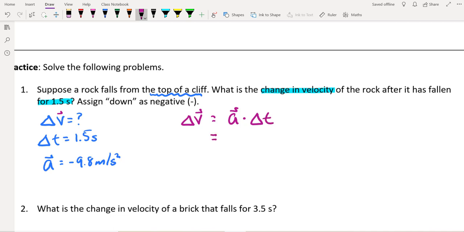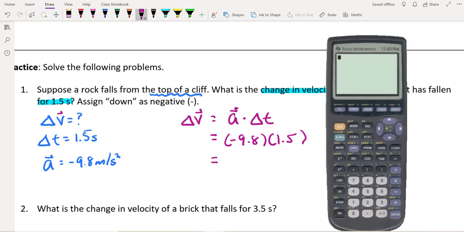We insert the numbers. Acceleration is negative 9.8. Our time is 1.5 seconds. And we calculate. Negative 9.8 times 1.5 equals negative 14.7.